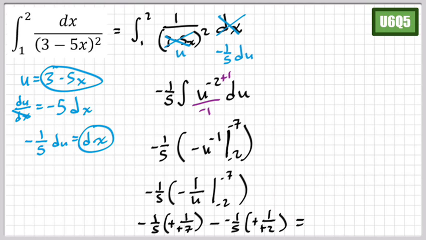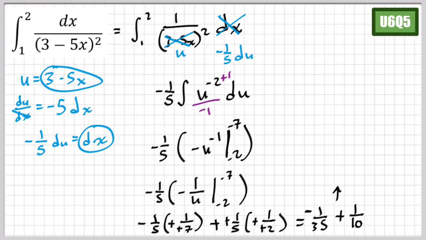So I get 1 over 35 minus, wait, these become positive too, plus 1 over 10. Oh, this is supposed to be a negative, huh? Yeah, because that's a negative 1/5 right there. All right, now we have to find common denominators. Let's go upwards now.